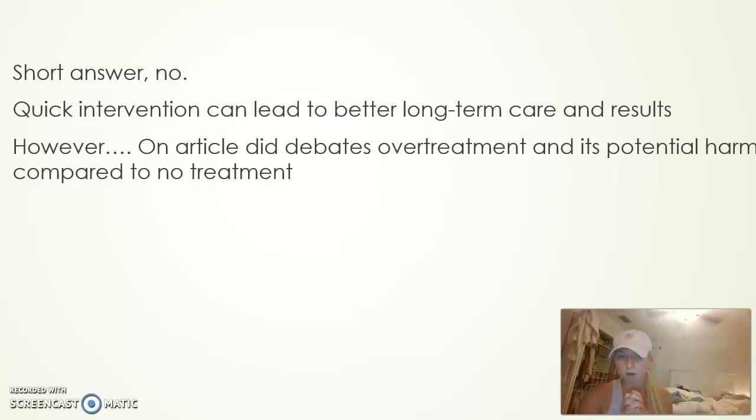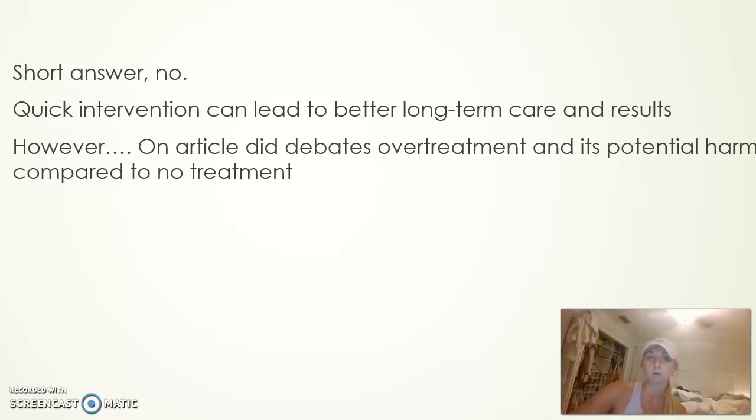So we had to talk about if there was controversy surrounding our genetic disorder, and the short answer is no. There was not really any controversy with mine. Basically, quicker treatment gets you more effective long-term care, and it can prevent some of those horrible, like I said, long-term disorders or neurologic issues and even death.